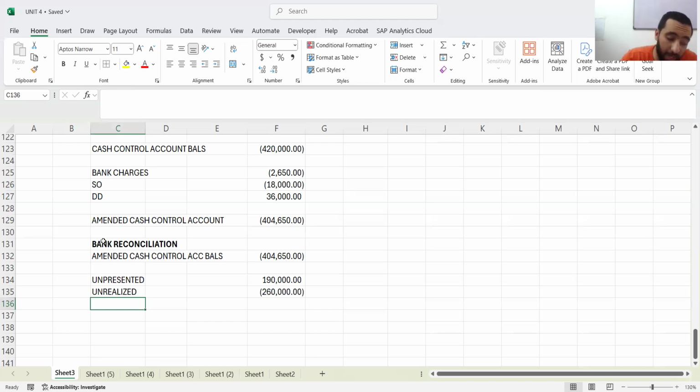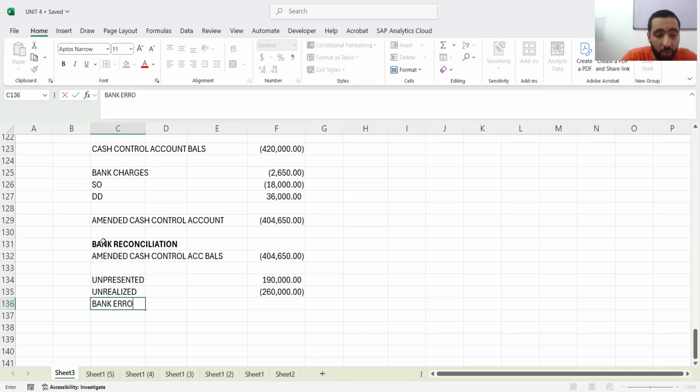And then the bank has erroneously credited 32,000. Credited means it's a positive balance. You have to make it a negative balance. Bank error. So are you going to adjust this? Bank has erroneously credited 32,000 to the business bank account.